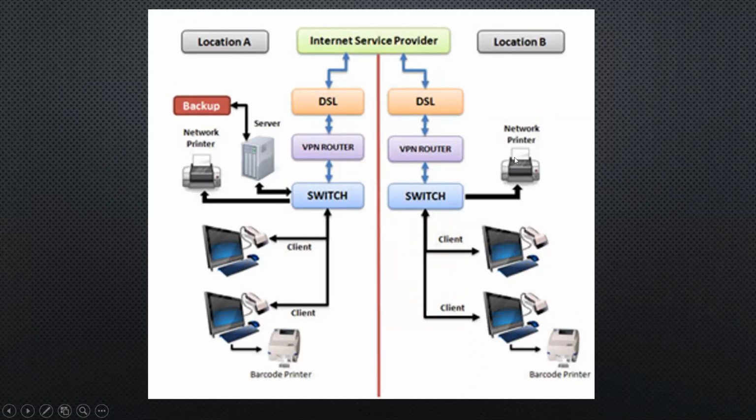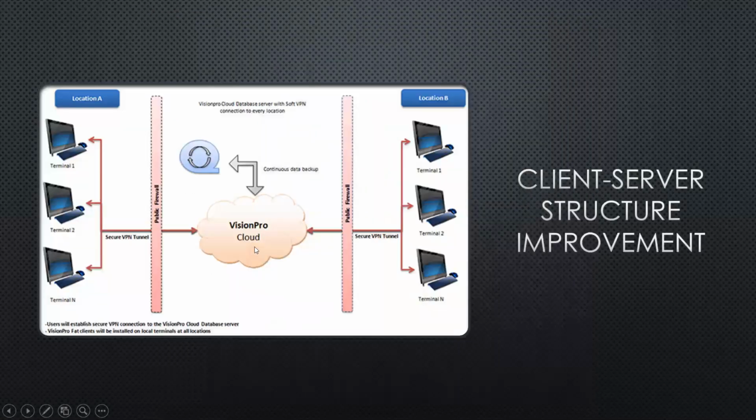However, location B does not. So with the new client-server structure, all clients can communicate at any time, and within that communication, it is backed up in the cloud automatically.